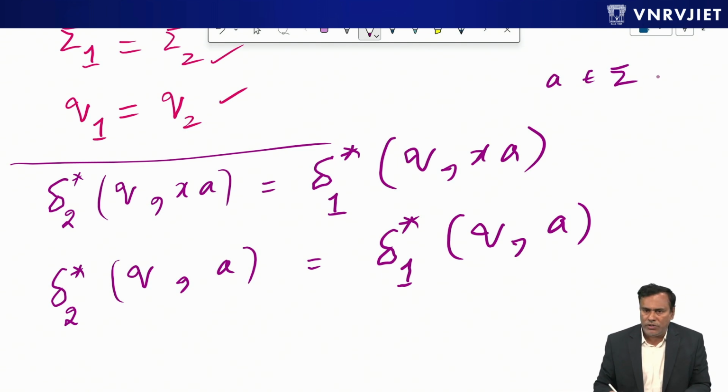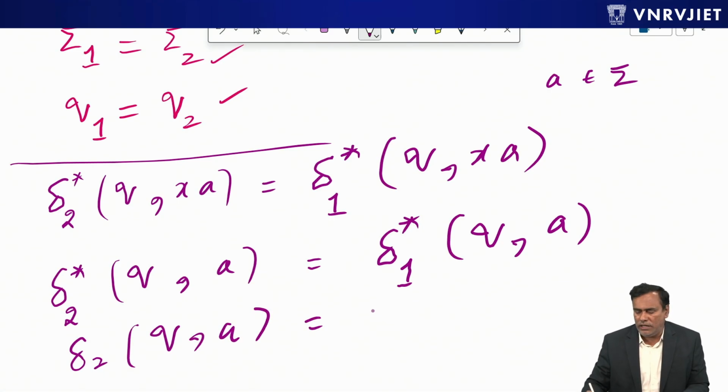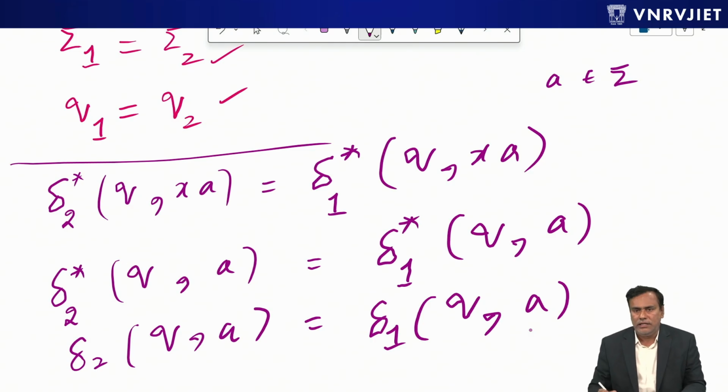There is no difference between delta and delta star here. So I can say delta 2 of QA is delta 1 of QA. These are important observations that you have to remember: delta 2 of QA is equal to delta 1 of QA.